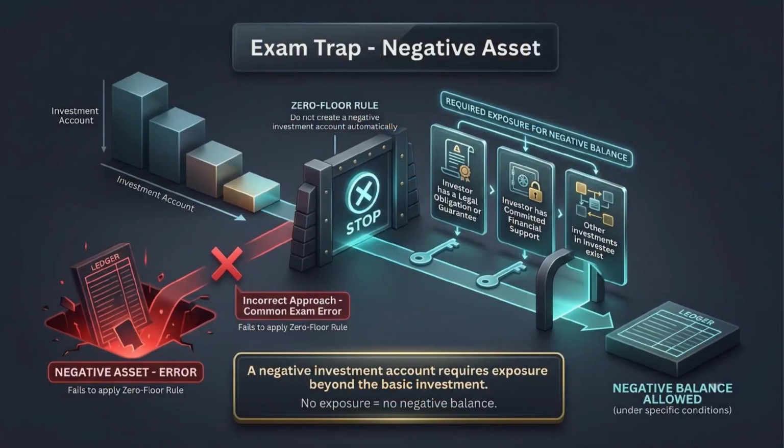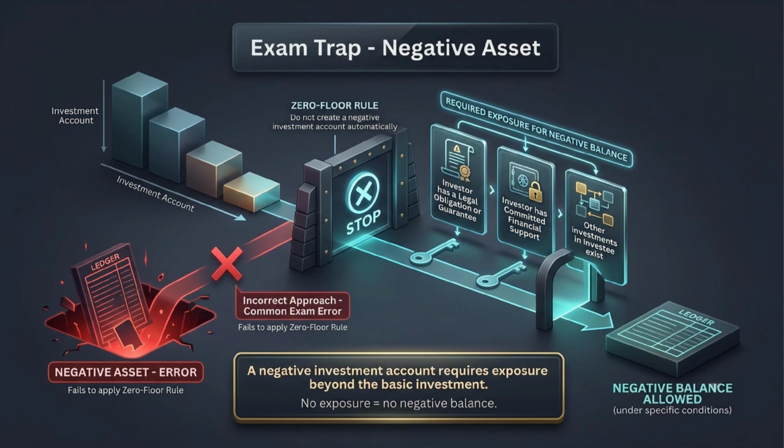Here is the classic exam trap: creating a negative investment account automatically. A learner records the full investor share of losses and allows the investment account to become negative. That is usually wrong.